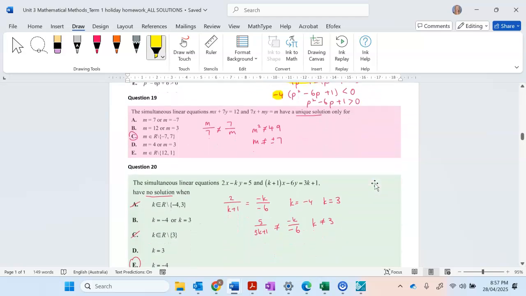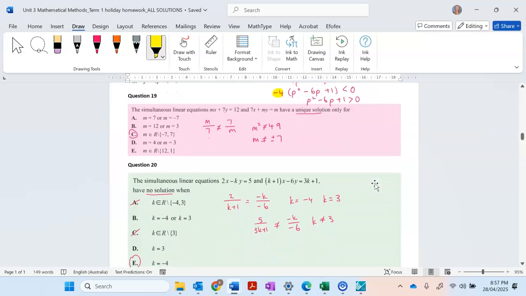All right, question 19. The simultaneous linear equations, we've done so many of them. A unique solution only for... this is the first time we've done a unique solution though.